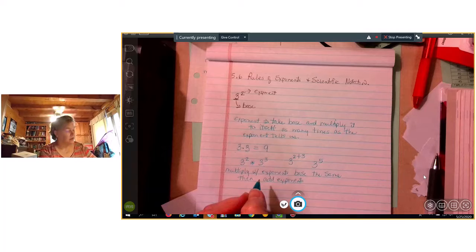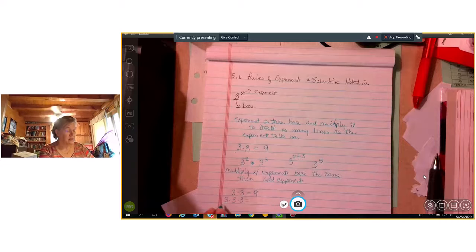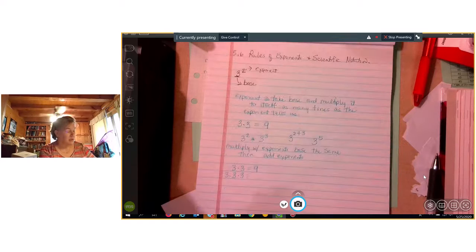Now a good way of figuring this out is 3 times 3 equals 9. 3 times 3 times 3 is going to equal 3 times 3 is 9, 9 times 3 is going to give me 27.